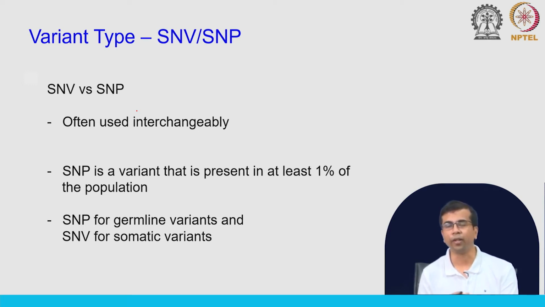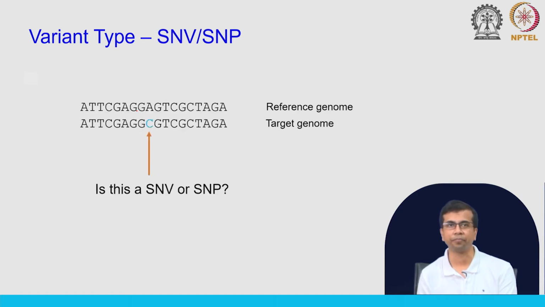When you are using these terms, it is actually better to define them yourself. What do you mean by SNP, or what do you mean by an SNV? Because of this confusion out there, it is better to define that before you start writing or analyzing anything with SNP or SNV. So, now the question is, is this SNV or SNP? Again, as I said, this depends on the convention, depends on the researcher that you asked.